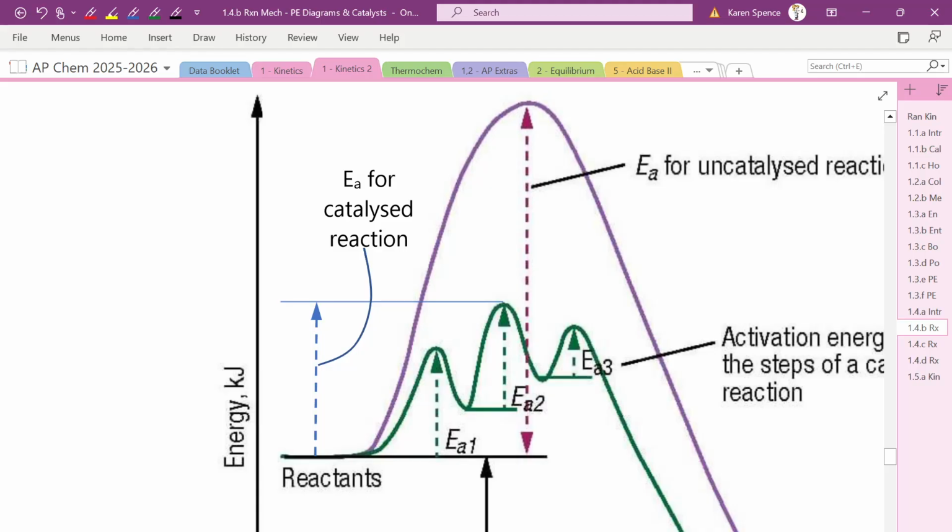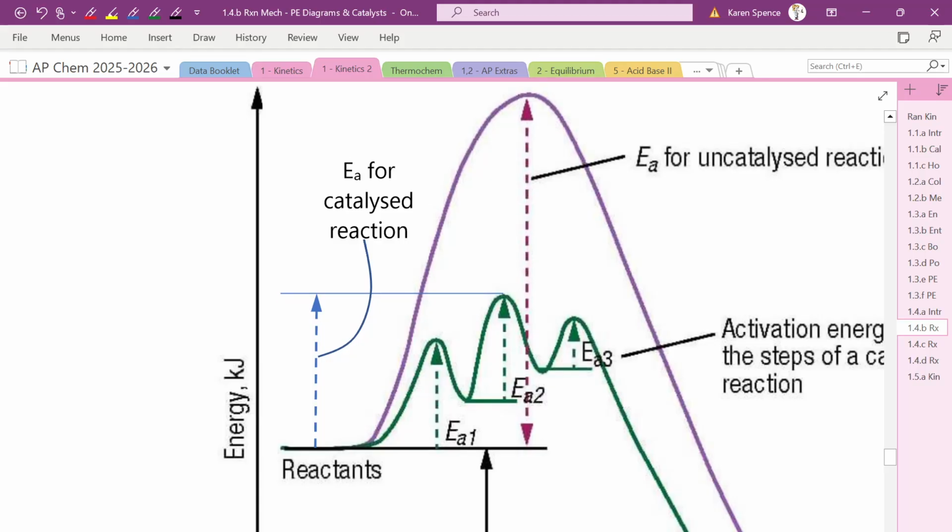If we were to look at this one here, you can see that the activation energy for the uncatalyzed reaction goes all the way to the tippy top there. The activation energy for the overall catalyzed reaction is from the reactants up to the highest of those 3 peaks.